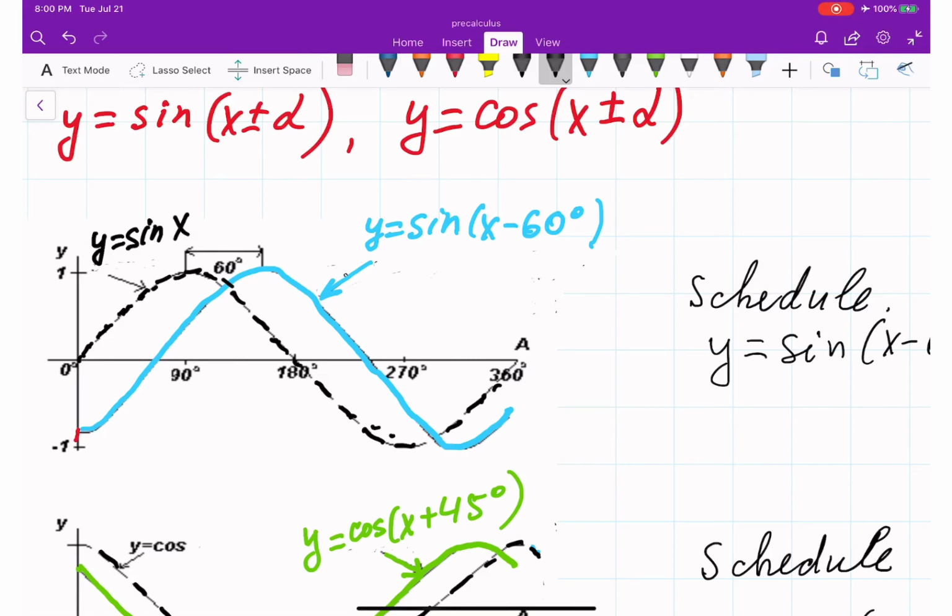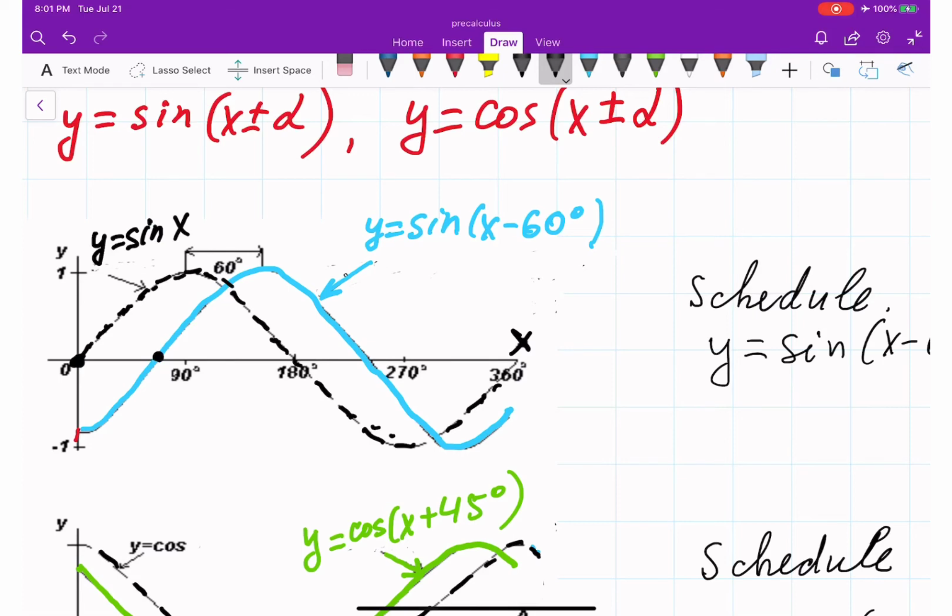So I want to know when x is at 0, this original one is here, where is x minus 60 going to be? So at any point on the x axis, we are going to have our y equal 0, correct?